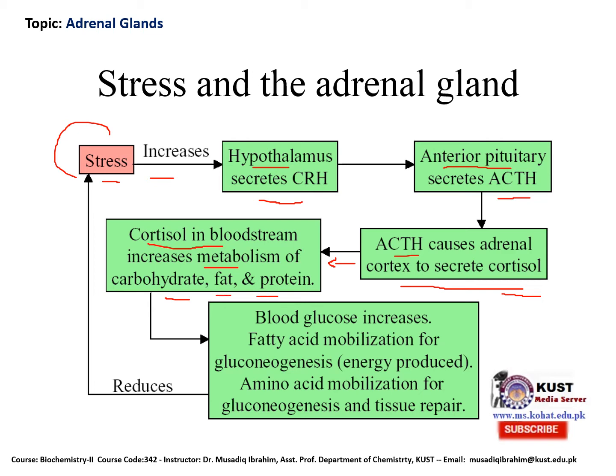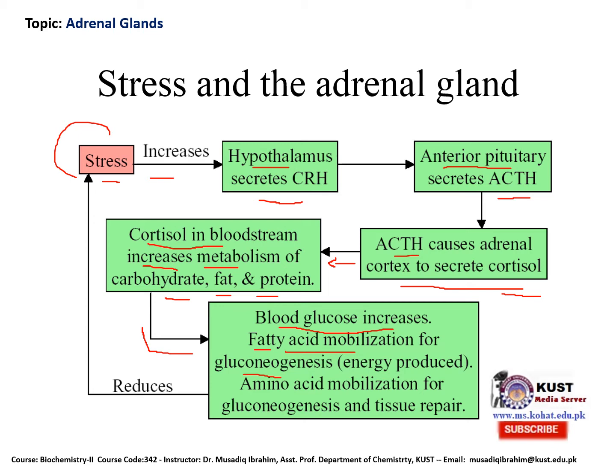So as a result of increased metabolism of carbohydrate, fat, and protein, there are many results which are taking place, like blood glucose level increases, fatty acid mobilization is taking place for the sole purpose of gluconeogenesis. And as we know, gluconeogenesis is the synthesis of glucose from non-carbohydrate molecules like fats and proteins.